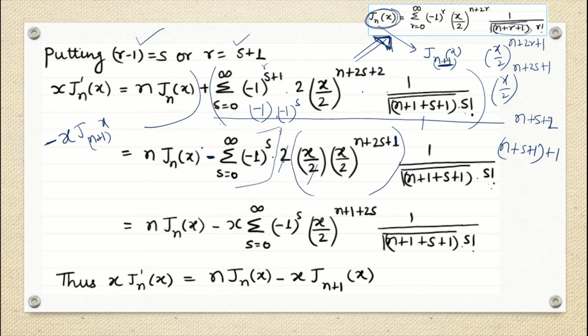So this J n x is present here, x we have taken out, and then 2 gets cancelled. So it becomes the sum over s from 0 to infinity, and this form is n plus 1 plus 2s instead of n plus 2r, and instead of n plus s plus 1, this is n plus 1 plus s plus 1, and then factorial s. So we can say this is nothing but minus x into J n plus 1 x, and hence we proved this recurrence relation also.